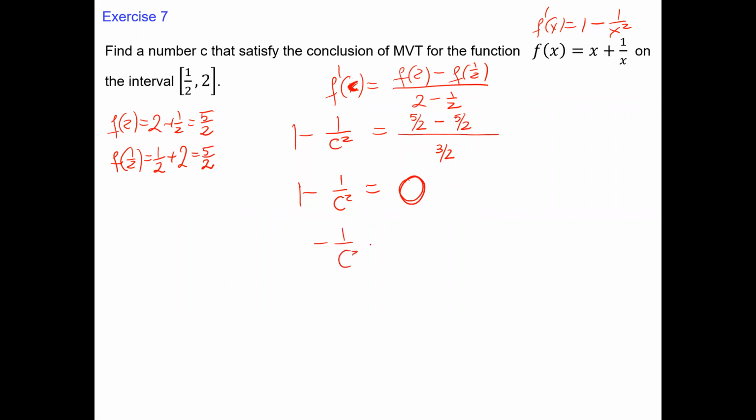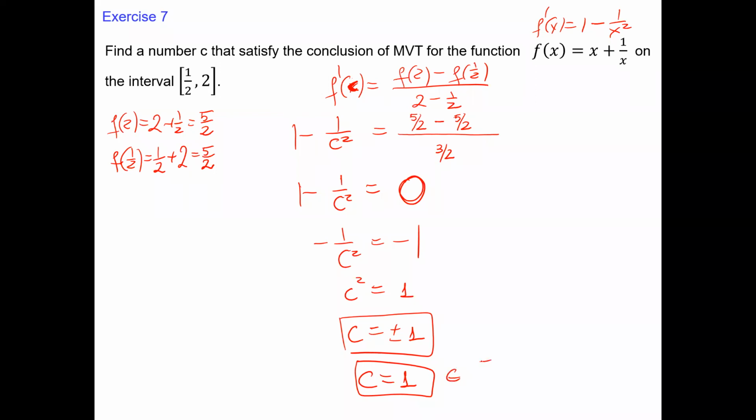Okay, let's solve it for C. Actually, c squared equals 1, because we can flip the values and multiply by negative 1. C is plus or minus 1, but we're only taking 1 in this case, because C equals 1 belongs to that interval.